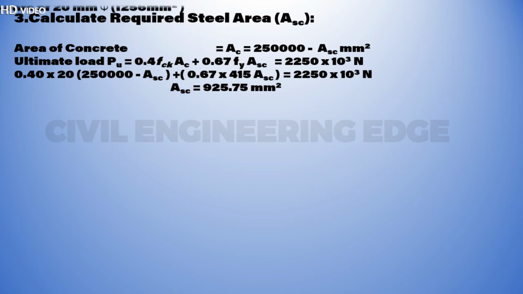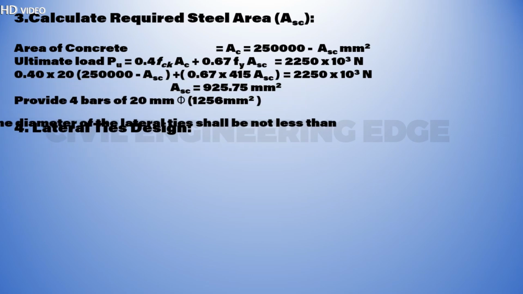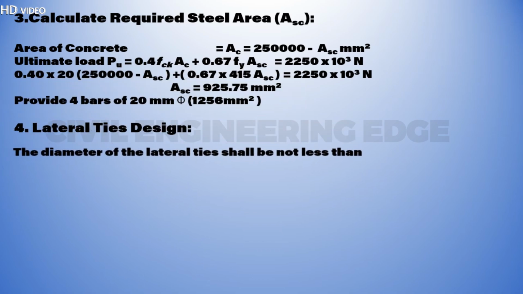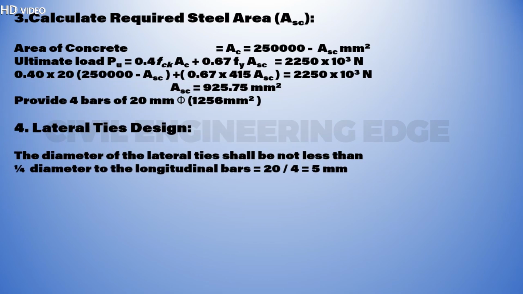Least lateral dimension of the column equals 500 millimeter. 16 times the diameter of the longitudinal bars equals 16 into 20 is equal to 320 millimeter. 48 times the diameter of the ties equals 48 into 5 is equal to 288 millimeter. Provide 6 millimeter diameter ties at 250 millimeter center to center.